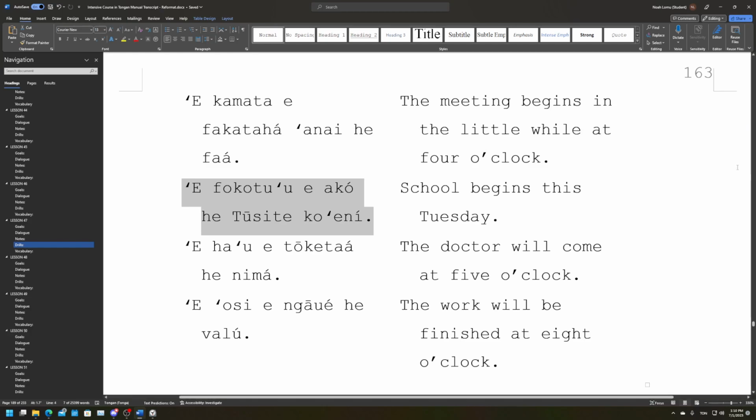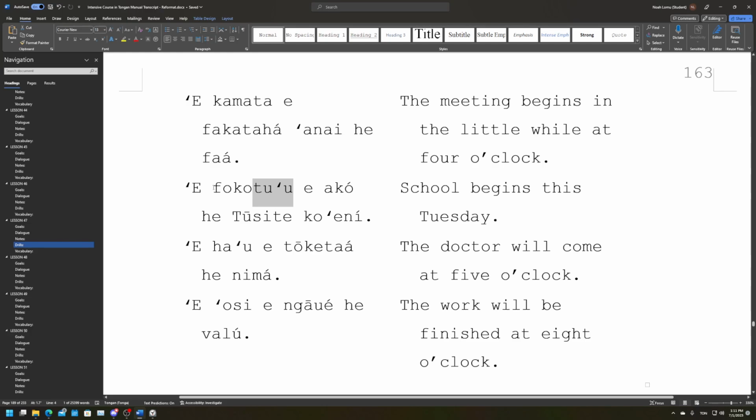Oh, whakatu'u? Whakatu'u is usually referring to school. The prefix here is a variation of whaka, which was in a lesson last week, and tu'u is to stand, so it just means to begin, like to institute or be set up.